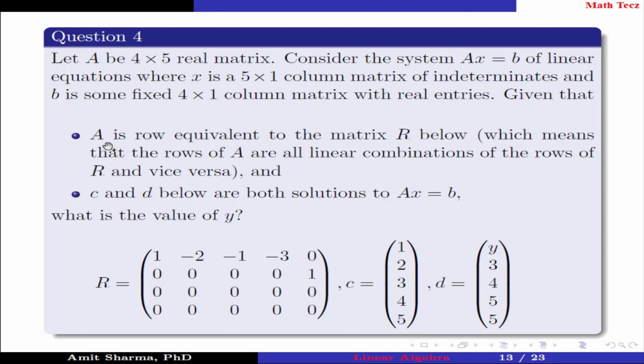Given that A is row equivalent to the matrix R below, which means that the rows of A are all linear combinations of the rows of R and vice versa, and C and D below are both solutions to AX equal to B. What is the value of y, where R is the matrix given, and C and D are given?